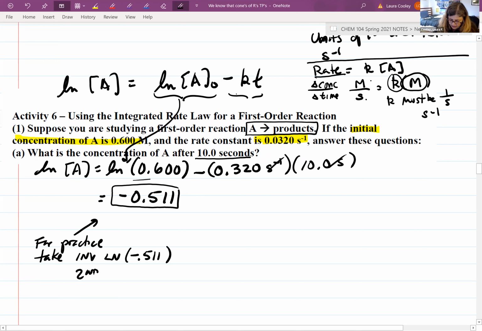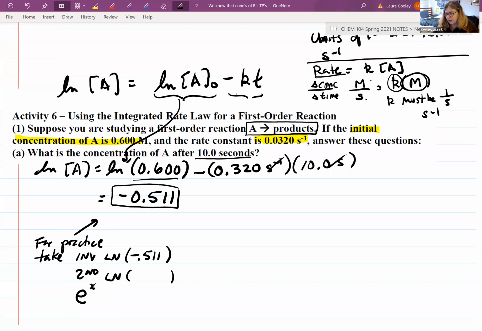Sometimes it might be second ln, or it might even be e to the x. So make sure that when you take the inverse log of this number, you get the 0.600 back again. And then turn your microphones on to tell me if you're able to do this, please.